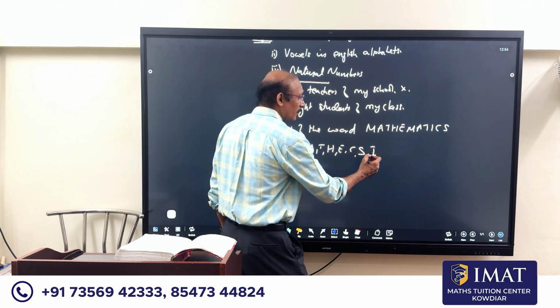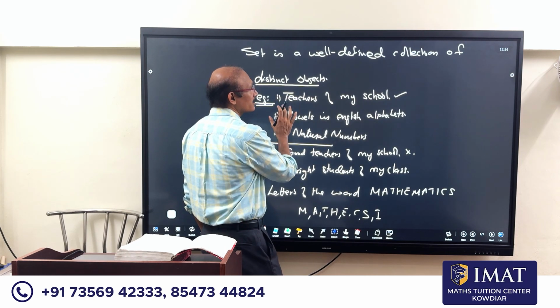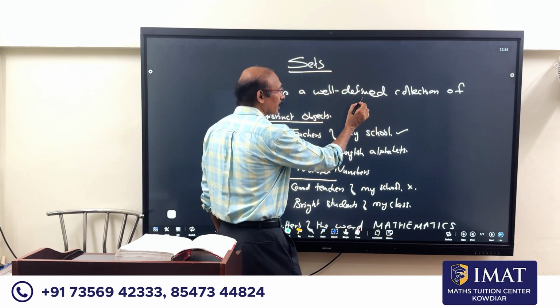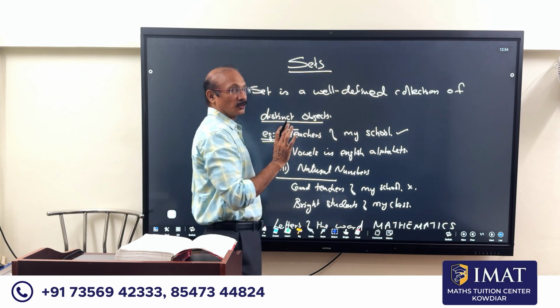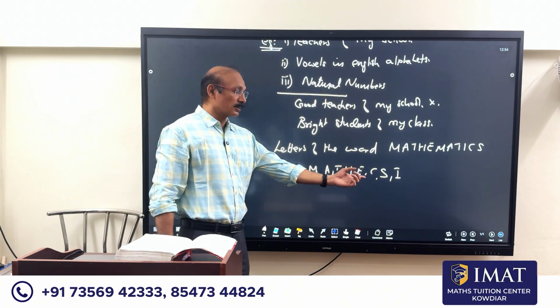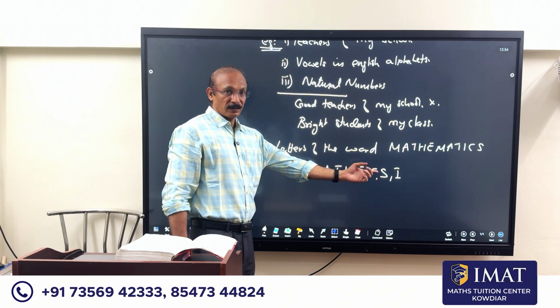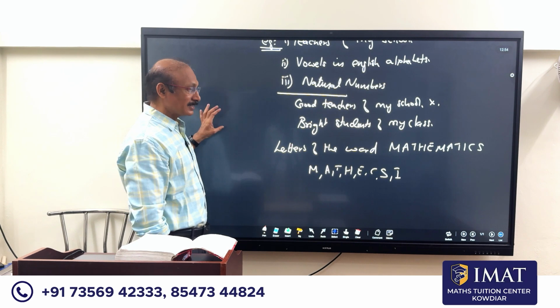All the elements are distinct. Now see, the definition becomes a little more clear. What is a set? A set is a well-defined collection, we have defined that, and of what objects? Distinct objects. So all the objects must be different. So here all the letters are different. Is it clear? So this is the definition of what a set is.